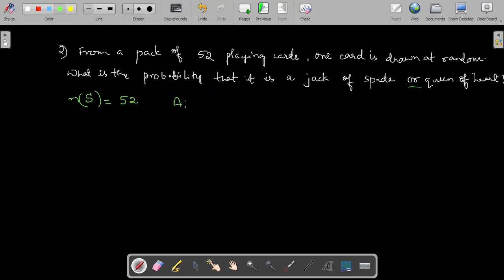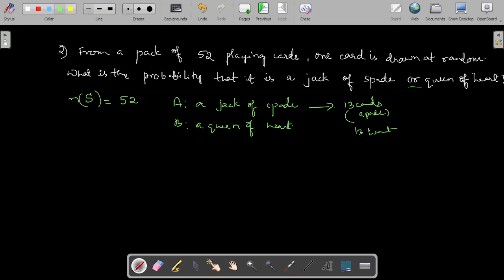Now event A is getting a jack of type spade card. Then B is a queen of heart. You know that in every type there is one jack, one queen and one king. So totally there are how many cards in spade? 13 cards, 13 spade cards as well as 13 heart cards.